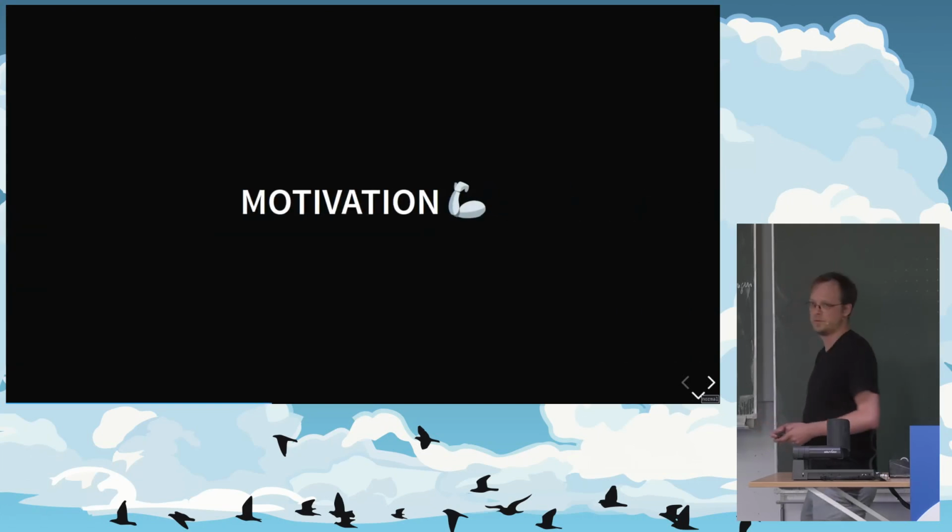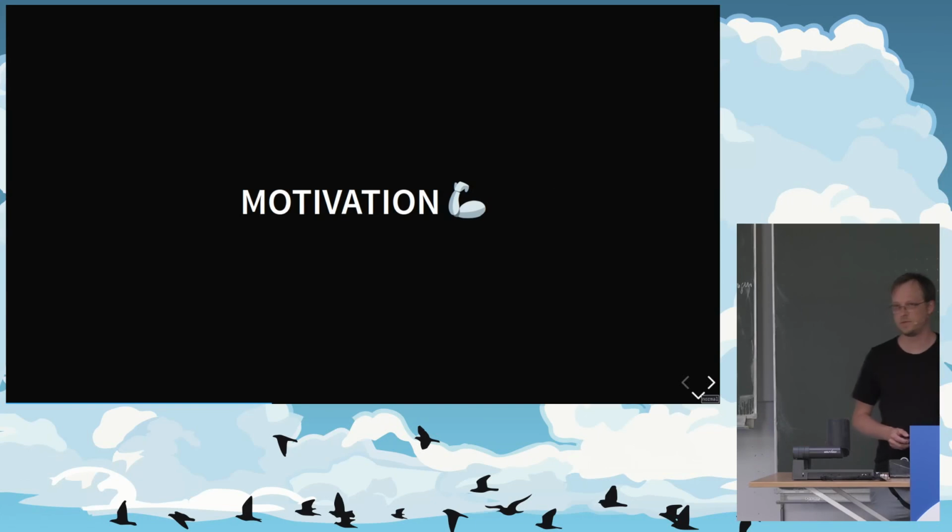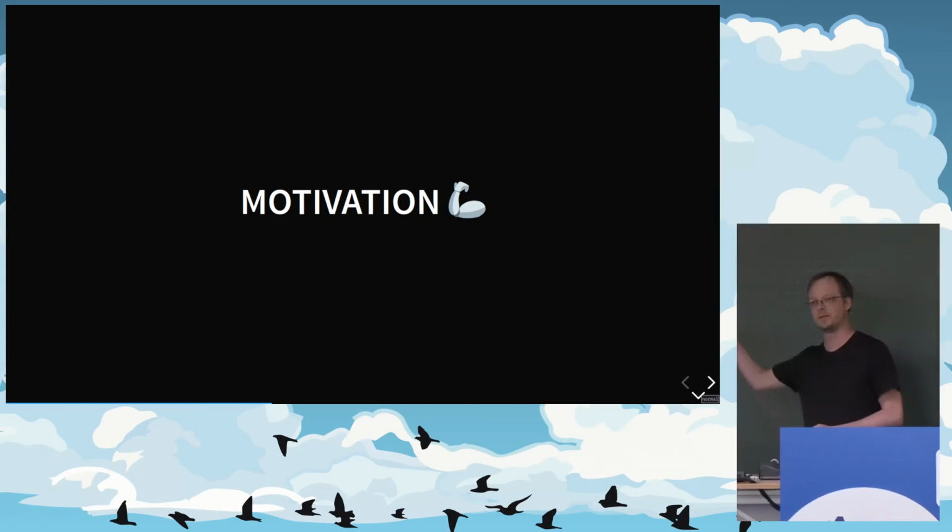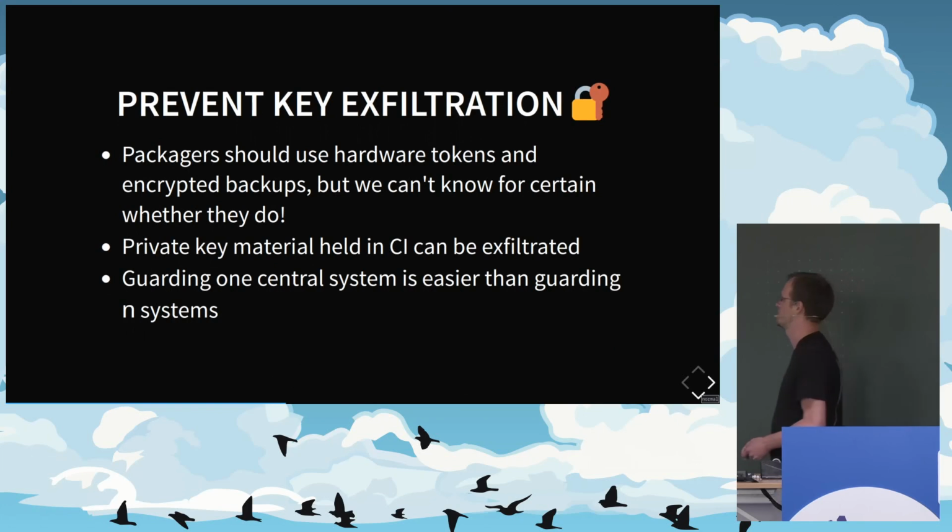So this gets us to why do we want something like a signing enclave? You probably grasped already from what I've outlined before. We have lots of funny pitfalls in our infrastructure that is maybe not so nice to have. We want to fully prevent key exfiltration because currently we have a lot of packages, but we cannot really tell whether they use hardware tokens and whether they have been compromised by now or not.